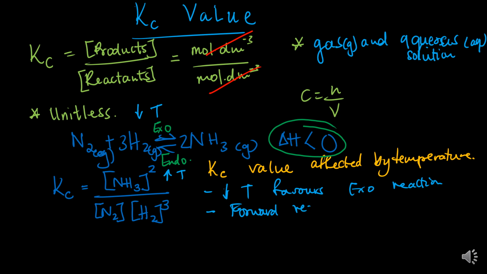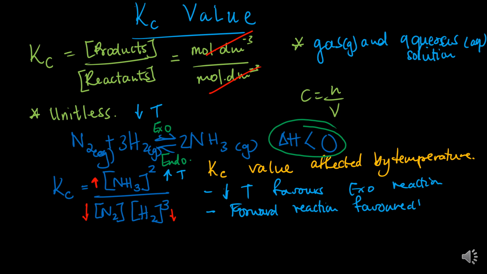Then, when the forward reaction is favored, how does it affect the concentrations? That's the important thing. If the forward reaction is favored, then the concentration of NH3 is going to increase, and the concentration of N2, the reactants, is going to decrease, and H2 is going to decrease.